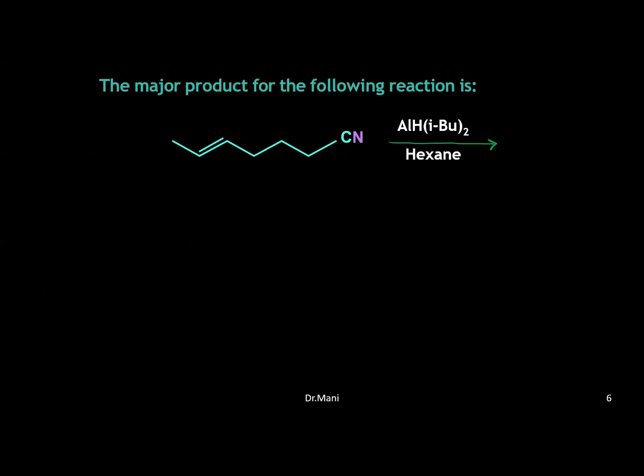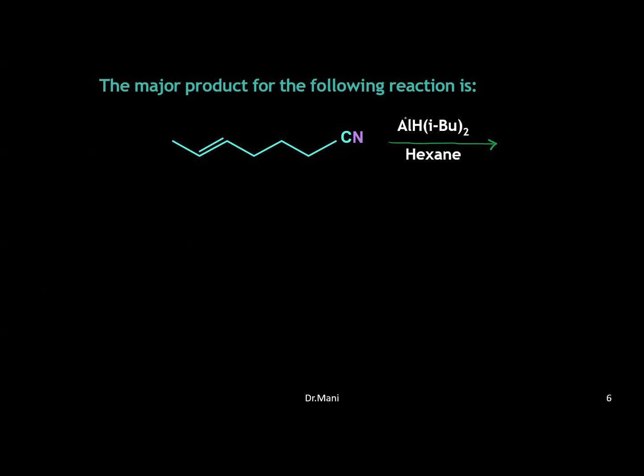At least tell me by looking at what the reactant is here. Nitrile. Yeah. So nitrile will reduce to, whatever the structure you are seeing here, don't confuse it, it is DIBAL-H only.